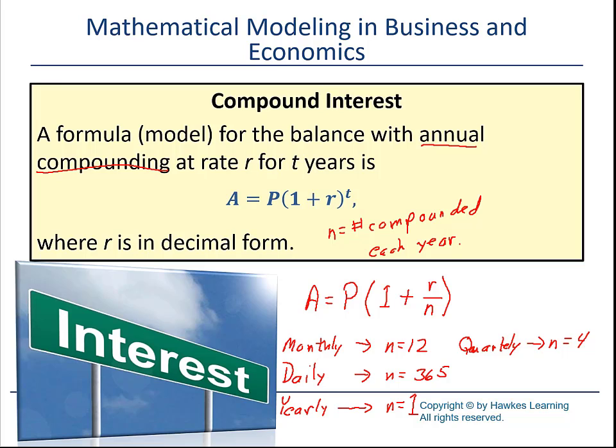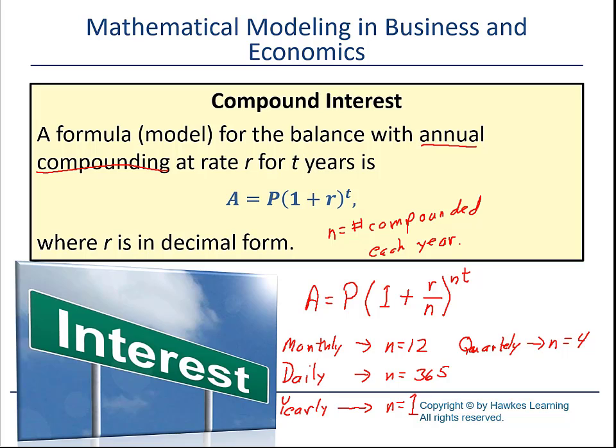Now, this formula is not finished yet because this had an exponent and this has an exponent. This exponent is n times t. Note that this n down here is the same as this n right here. So if you're setting this up for compound interest, make sure you put the n's twice.